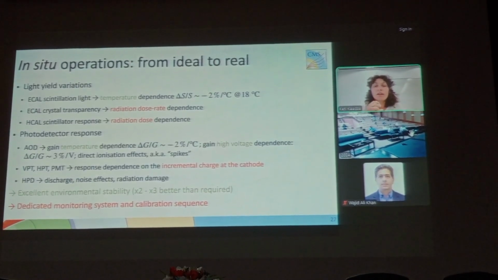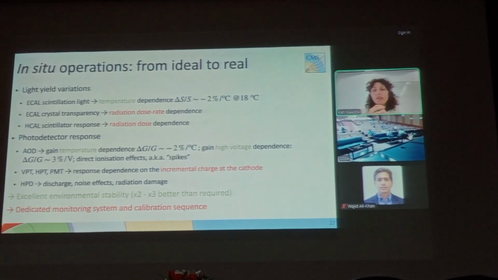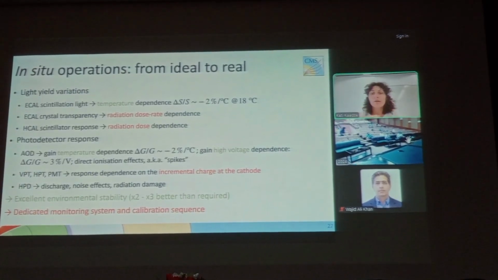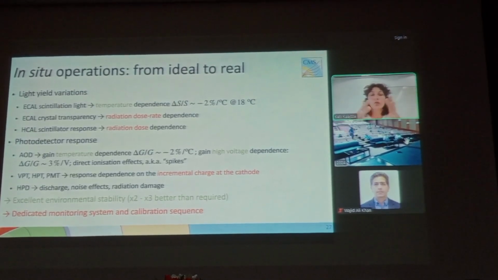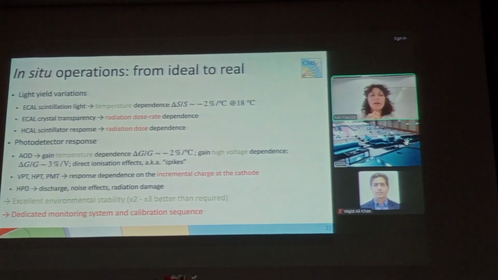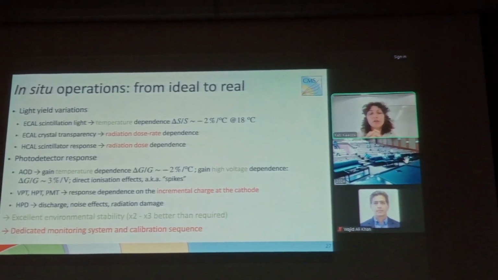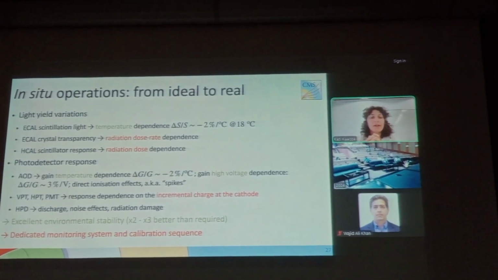We also have effects on the photodetectors themselves: the gain of the photodetectors can change with temperature, so we have to control the temperature wherever we have photodetectors. We could also have some noise effects, some discharges in the photodetectors, or some other effects on the cathode, for example in PMTs, that was appearing in the HF in Run 1.